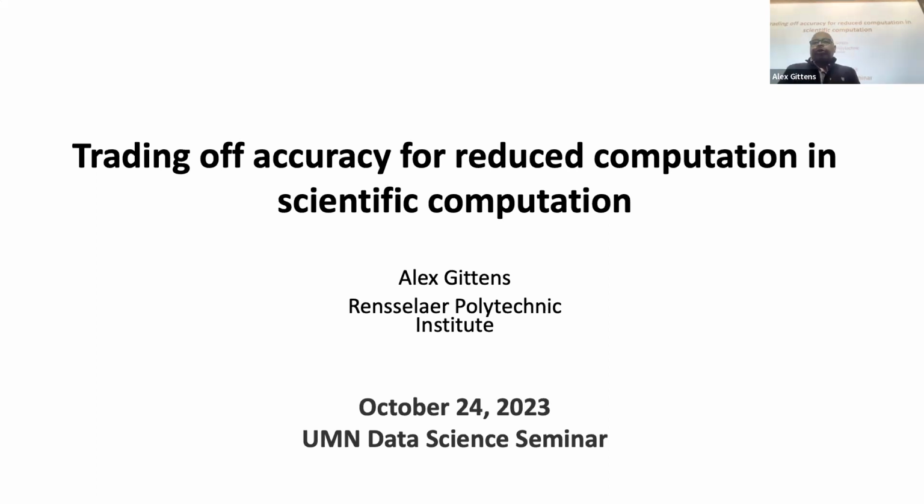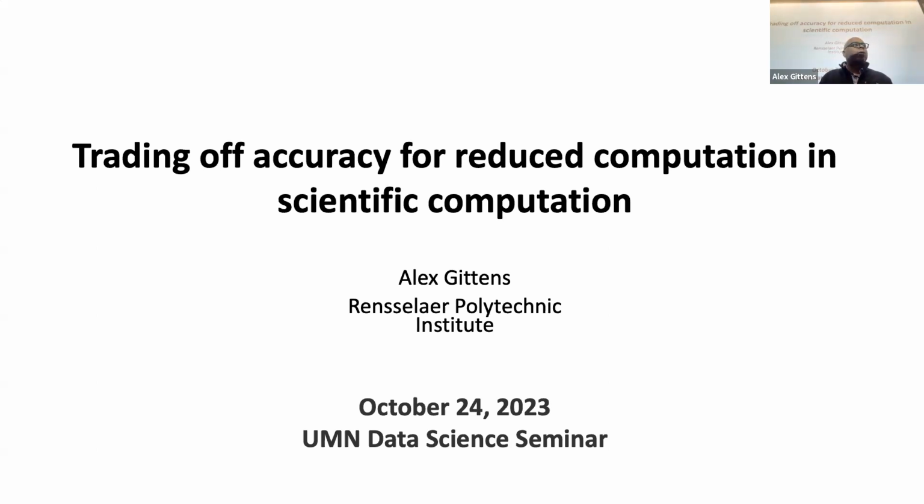Okay, thank you, Jawad, and thank you all for attending. So as Jawad mentioned, today I'm going to be talking about several works that I've done with my collaborators over the years, where the idea is that if we want to solve a problem to some medium accuracy, so this occurs a lot in machine learning, we can trade off the usual computational costs.